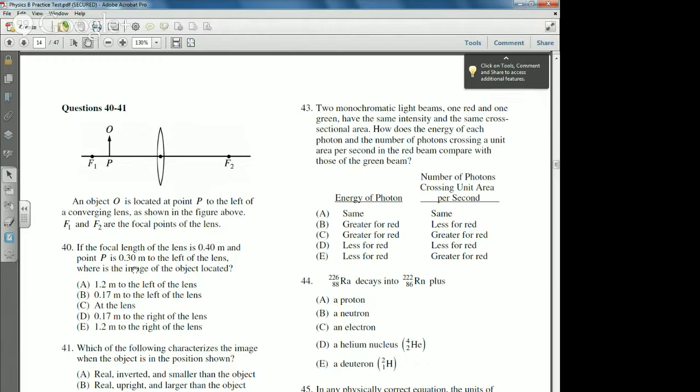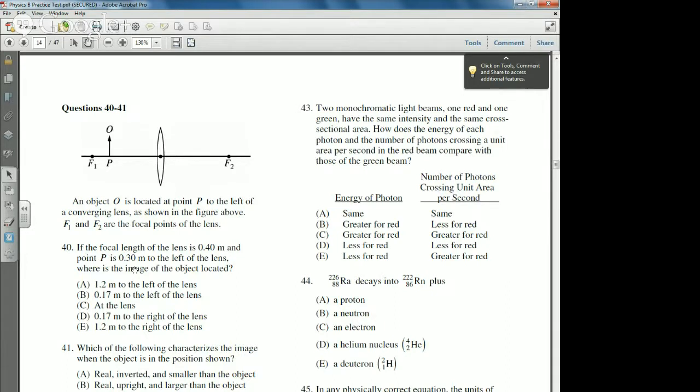Okay. Now the second part I didn't really teach you guys because I never really taught you guys about lasers. But the fact is, because they have the same intensity, overall the same total energy is for red and green.